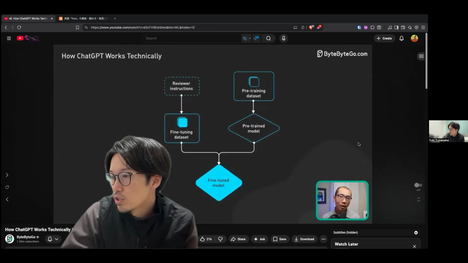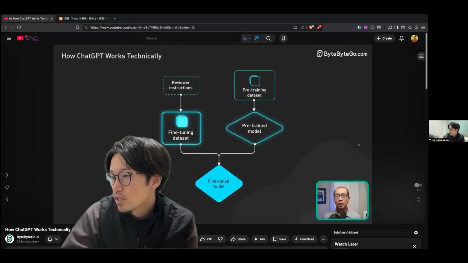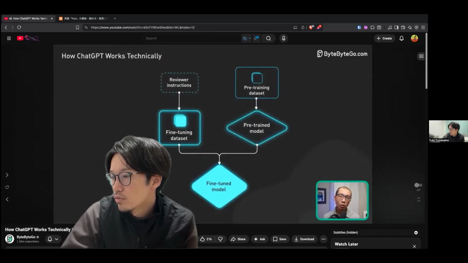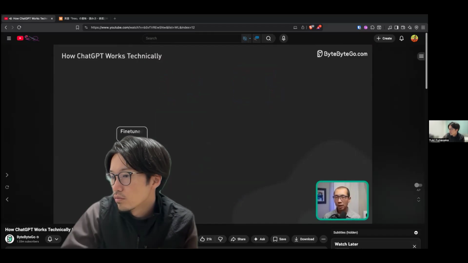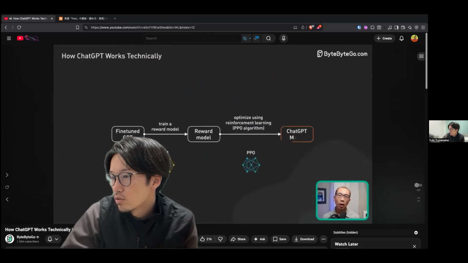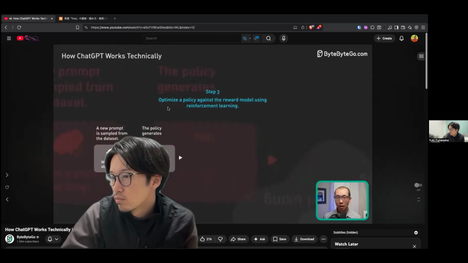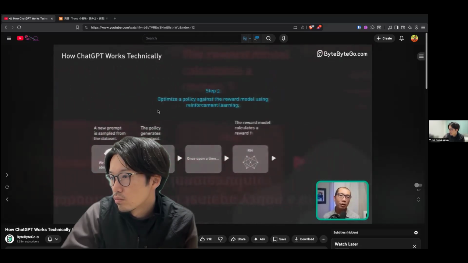Fine-tuning is a process that turns the model that does not quite align with human values into a fine-tuned model that ChatGPT could use. This process is called reinforcement learning from human feedback, or RLHF.